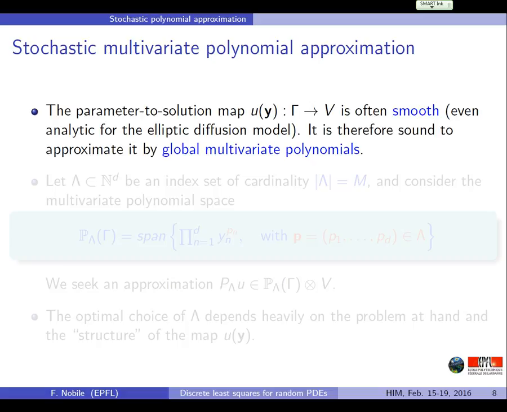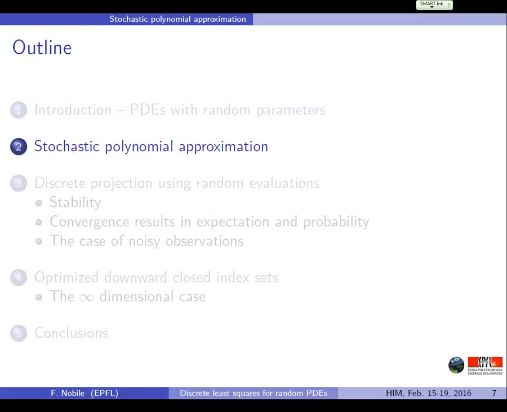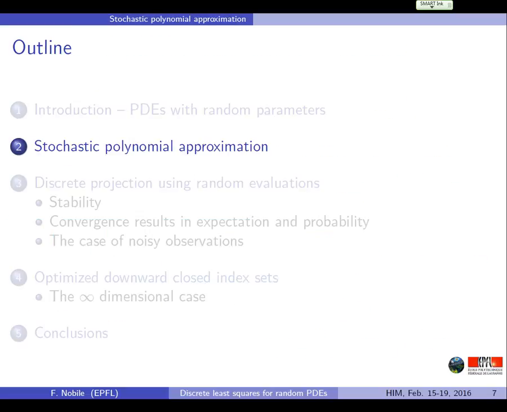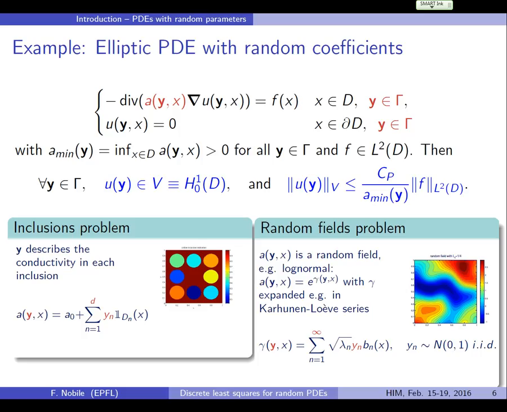The point is that, not for all problems, but for a wide class of problems, this is one example but there are others, the dependence of the solution u on the parameters is actually very smooth.